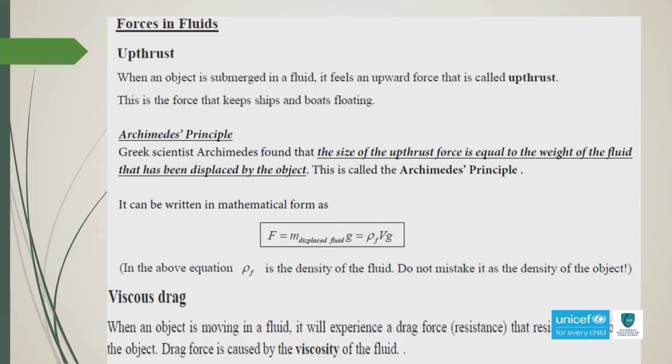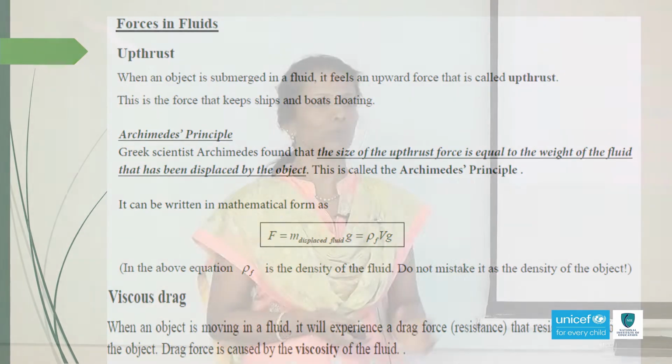It's because when an object is immersed in a fluid, it displaces its own volume of the fluid, and that displaced fluid gives an additional force on the object. The upthrust always acts on the object in the upward direction. This upthrust force is equal to the weight of the fluid displaced, according to Archimedes' principle.